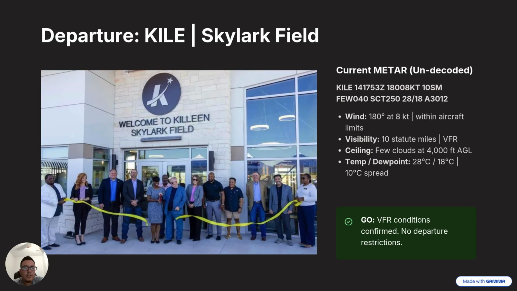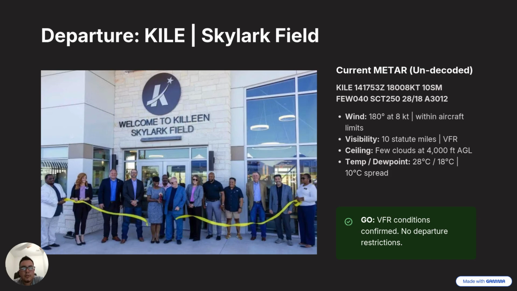Okay, so on the first leg, the current METAR. I put the actual METAR on top, and below it the decoded version, for those who don't know yet what a METAR is or the meaning of it. We have winds 180 at 8 knots, so it's perfectly fine with the aircraft. Visibility 10 statute miles, so it's VFR.